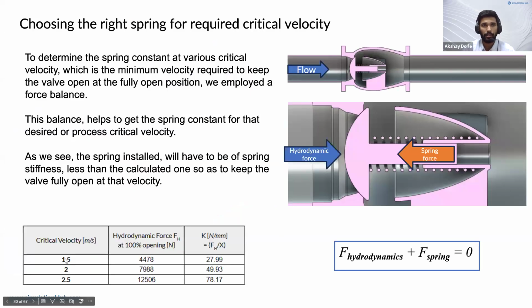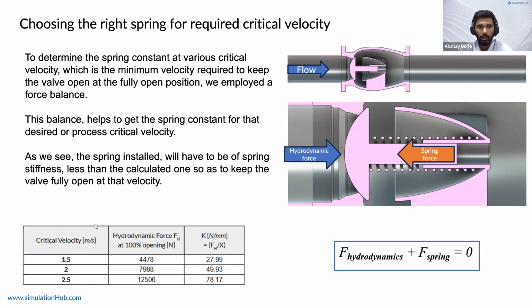Choosing the right spring for the required critical velocity. As we have seen, the controlling component of the valve is the spring itself, and we have to choose, or you can say have, the correct spring stiffness so that the valve operates correctly.